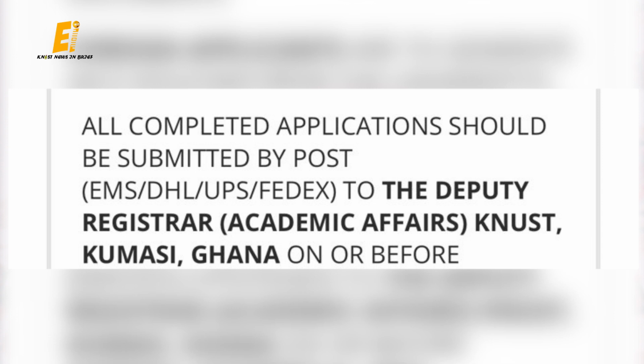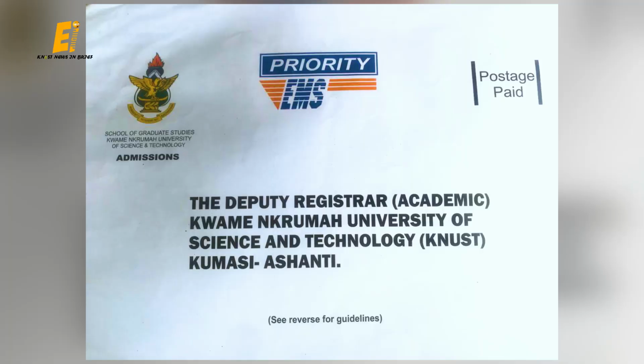We are going to address it to the Deputy Registrar, Academic Affairs, KNUST, Ghana. That is where I'm going to address it to. Mostly for the EMS, I think it's already embedded on the EMS. When you go there, you tell them you want to send it to KNUST and you want the EMS, I think they'll give it to you.